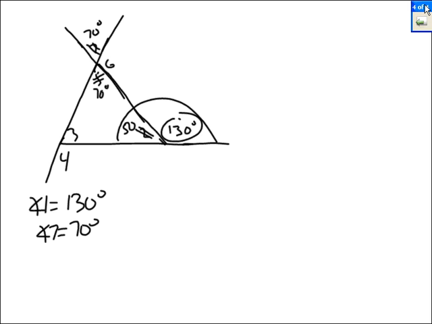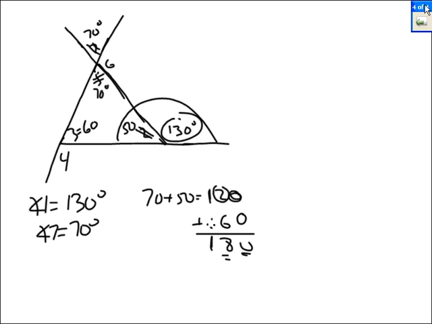Now, you can find angle 3 in one of 2 ways. You can say 70 plus 50 is 120, and what do you add to 120 to get 180? Well, 0 plus 0 is 0, 2 plus 6 is 8, and 1 plus 0 is 1. So it's 60. Angle 3 is 60 degrees.